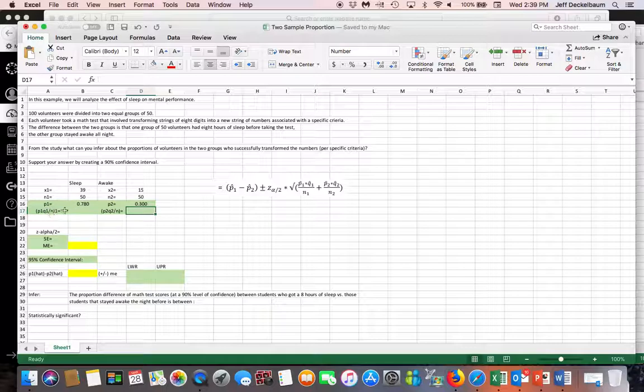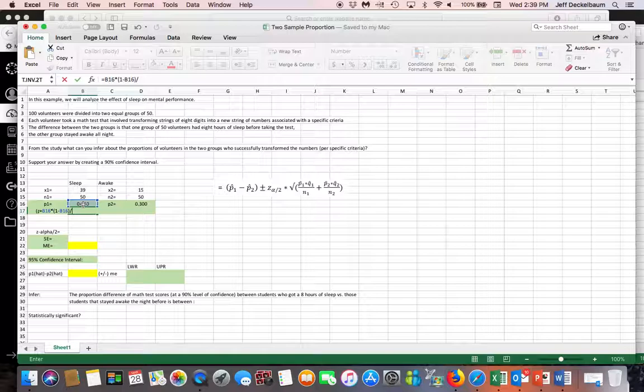Now we're going to calculate the standard deviation component, if you will, of each sample of data here. We're just going to do P1 times 1 minus P1 divided by N1.